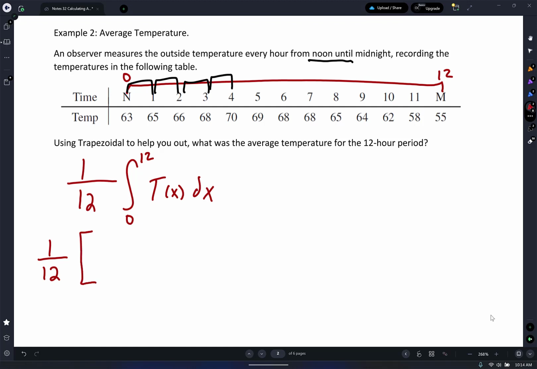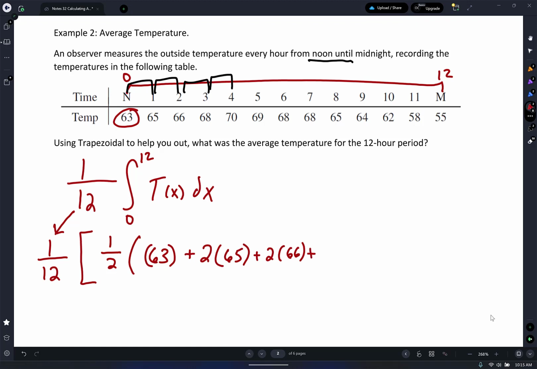That 1/12 is this 1/12. So I'm going to write 1 over 2, giant parenthesis. Then my first value, 63, plus 2 times 65, plus dot dot dot.